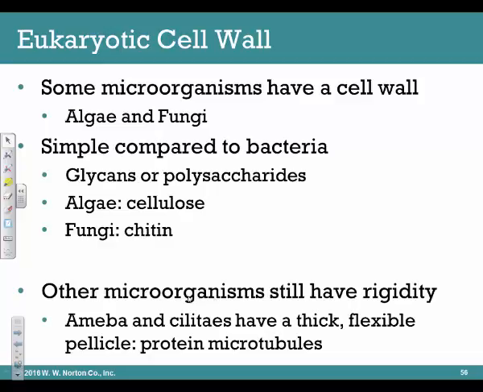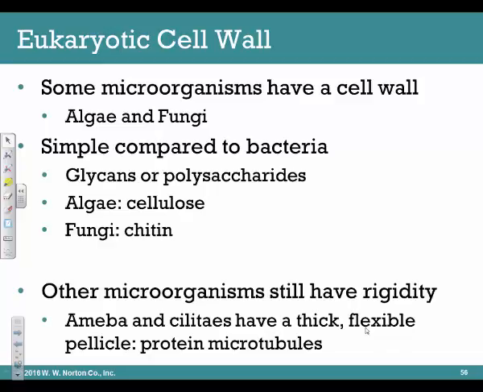And I just wanted to also remind you that, as I mentioned, other microorganisms don't have a cell wall, but they still actually do have some rigidity to their cell structure and strength. In the case of amoeba and ciliates, they have a thick layer outside of the plasma membrane that's also flexible, because remember, amoeba are those microorganisms that engulf and ingest their food.